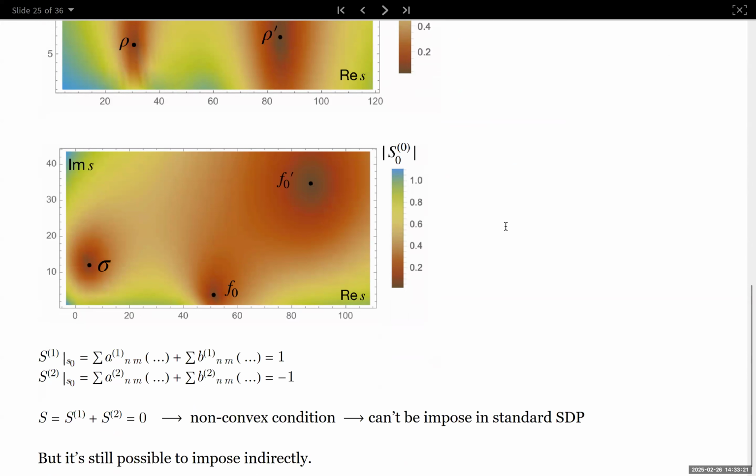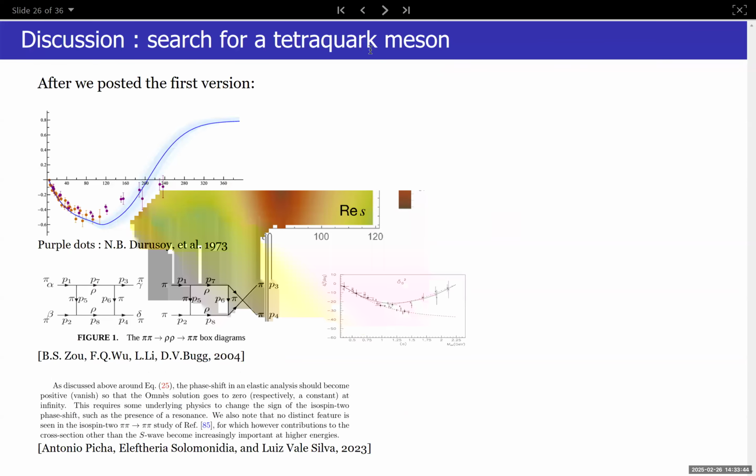So this condition is non-convex, and since it's non-convex, it's impossible to impose in a standard SDP. But there is still a way to impose it, probably in multiple ways. Right now I'm trying to modify the SDP algorithm to be able to do this non-convex problem. Yeah, that's roughly the story.